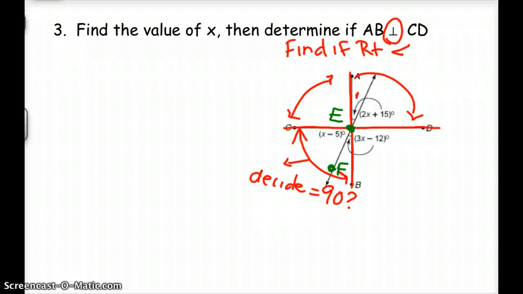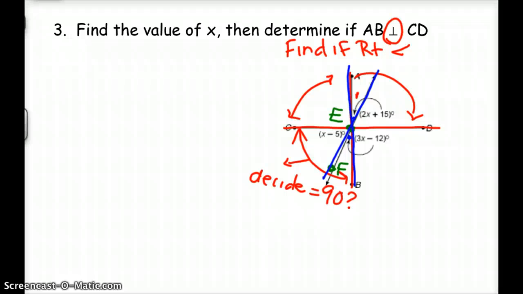All right, so to find x first, they have these two angles marked congruent. I wish that we didn't have those already marked, because we should know that without having those marked. Those are vertical angles. You see how the line here and that line there cross each other, they intersect, and the angles across from each other are called vertical angles, and vertical angles are equal.